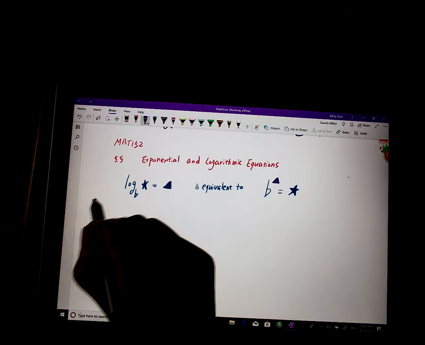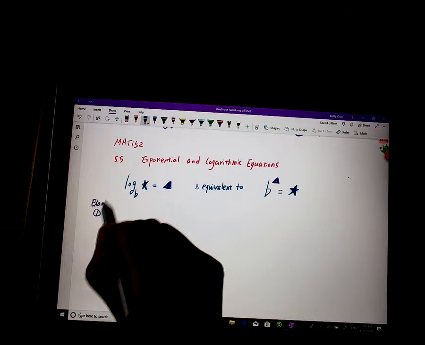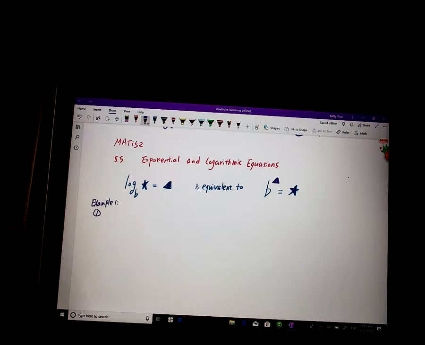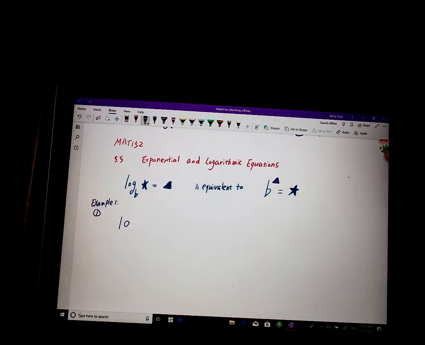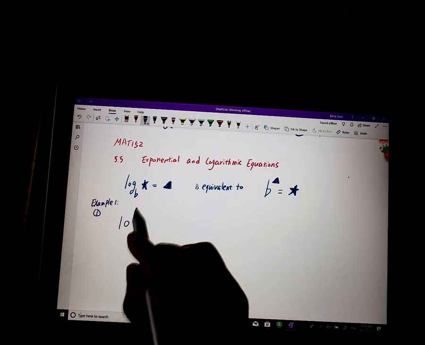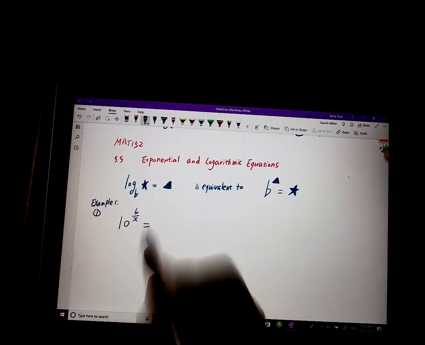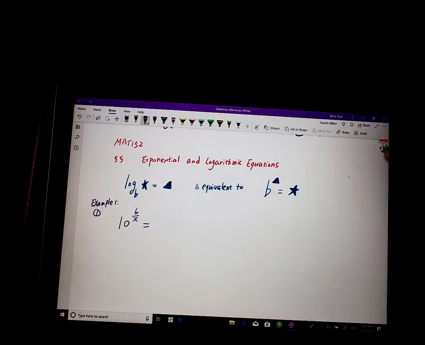I will read the requirement for example 1. It's in my note. Solve equations. Write the answer as both an exact expression and as a decimal approximation. Number 1, we have 10 to the power of 6 over x equals 321.